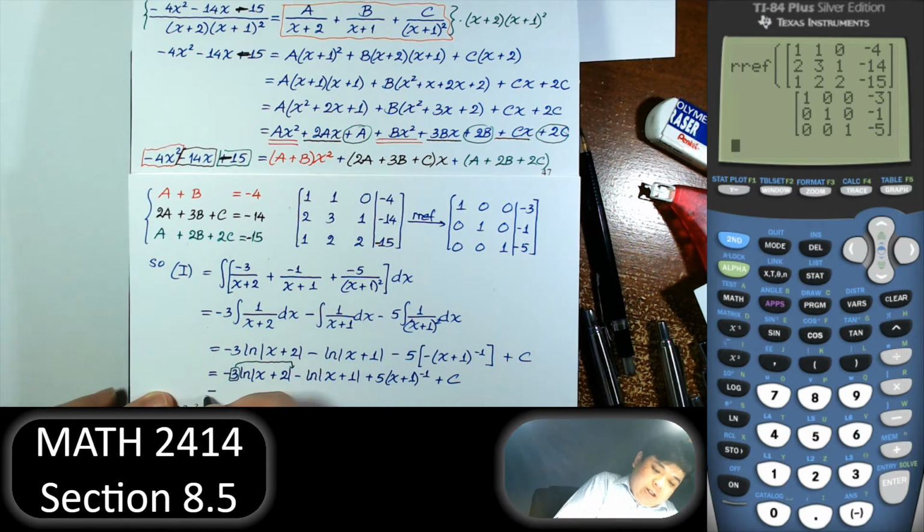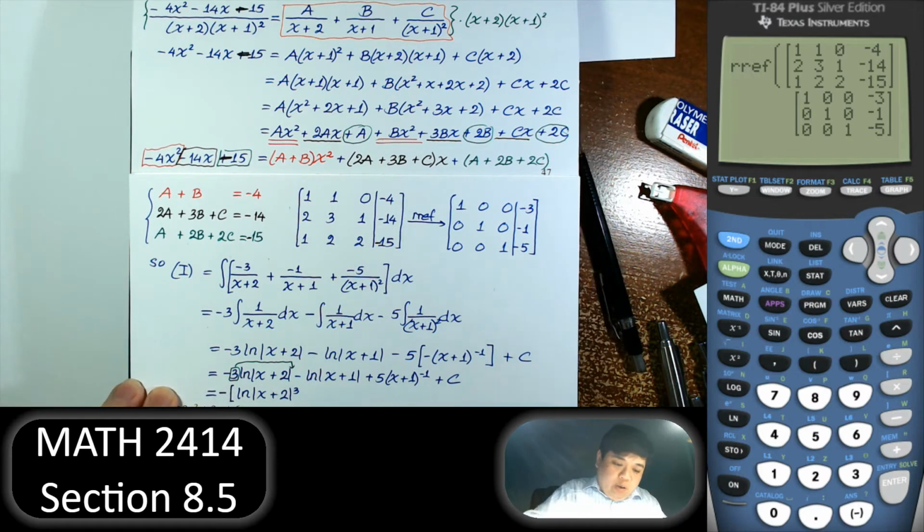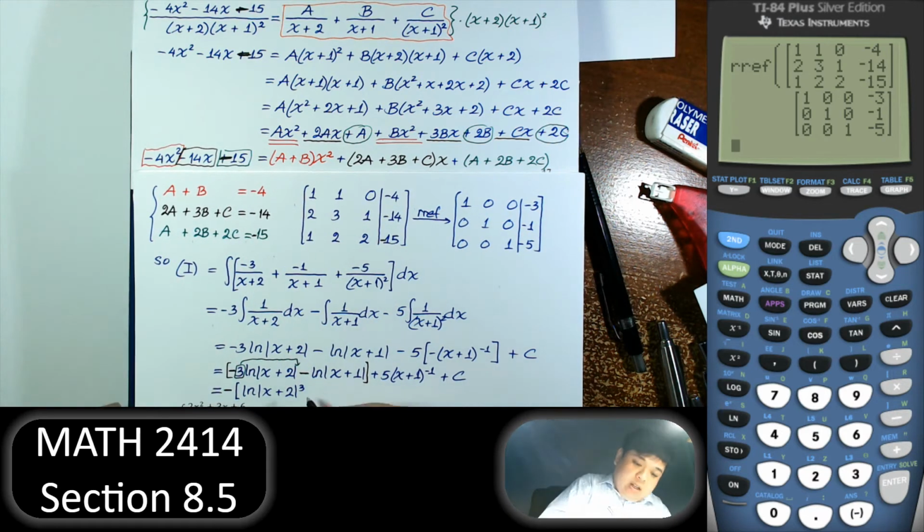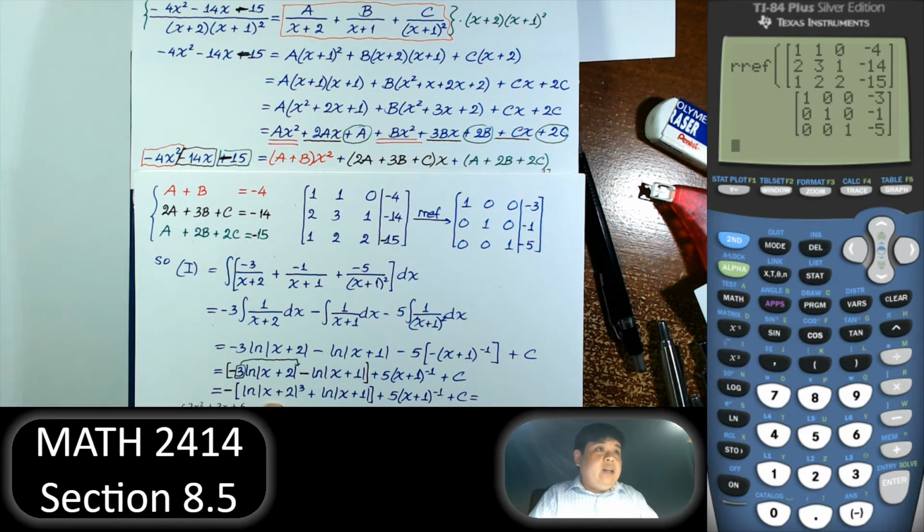So we have minus ln of x plus 2 cubed. We take the minus out. Try to factor the first 2 terms. Both of them have ln, and factor out the minus sign. So this is going to be plus the ln like this.